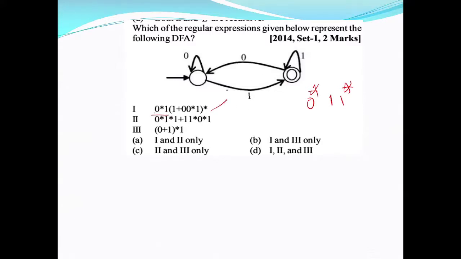0 star 1 star, then 1. You can have 1, or 1 star 0 star 1, but this will give you only once. Now, (0 or 1) whole star 1. Single 1, you can have any number of ones, and you get 0, 1. So 1 and 3 are right.